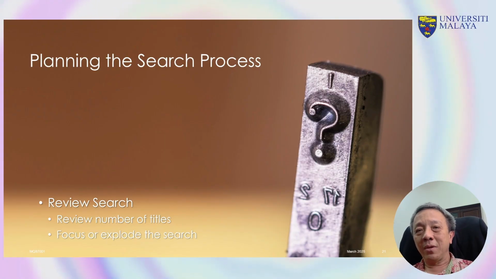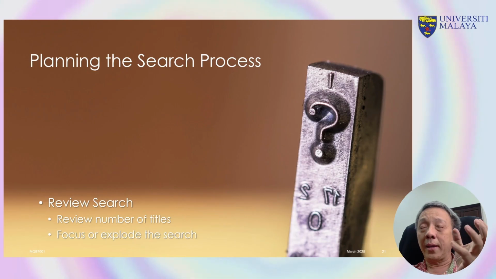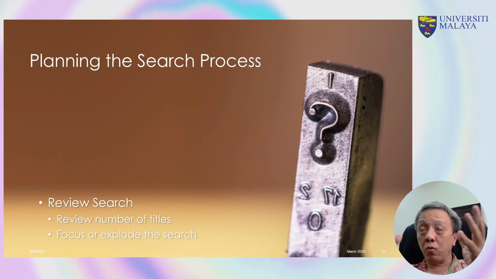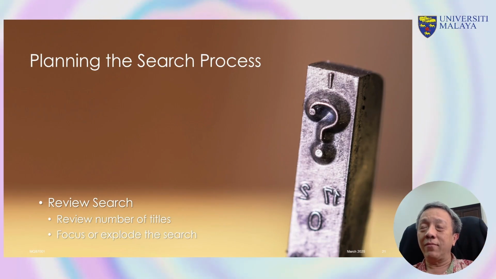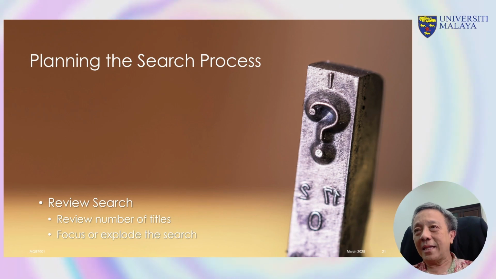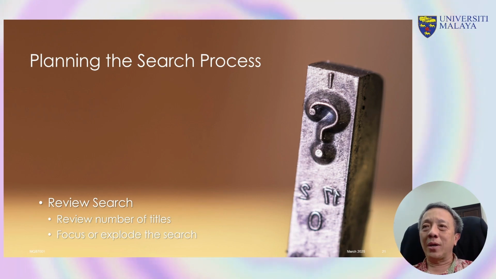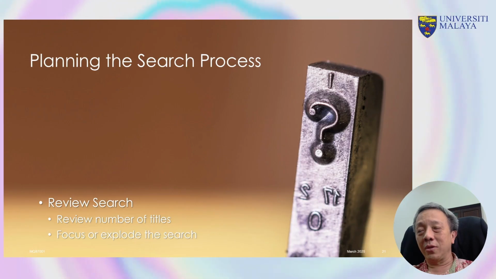But for a literature review, we expect you to expand the search so that you can have more data coming in and have all the information available. A focused search might miss some important information because the indexing is not accurate, or the words that you use to come up with the index are not appropriate.